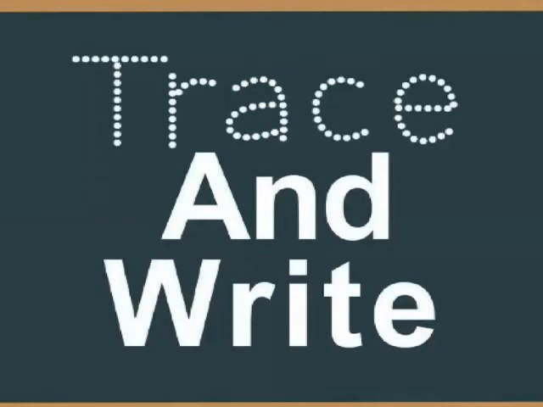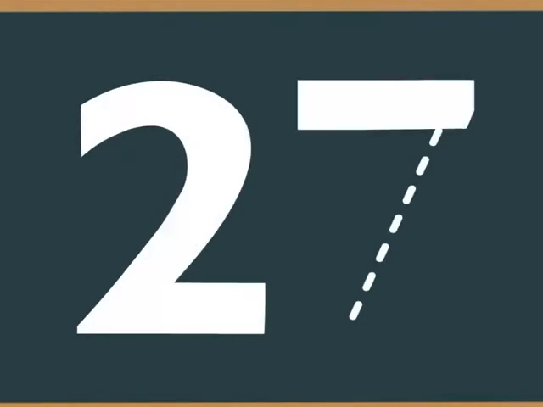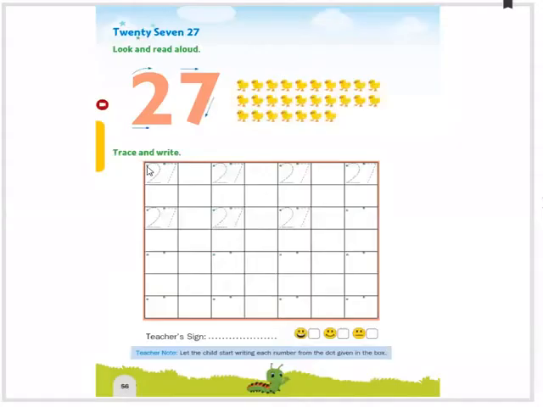Trace and write. 2, 7, 27. Again, 2, 7. See how they are writing? So try to start from this green dot and complete it. The green dot is a starting point.